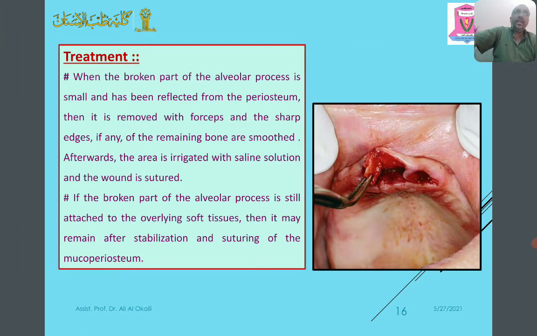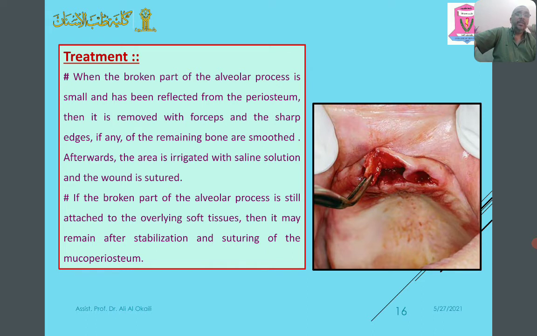إذا صار عندك قلع أو كسر or removal of part of the cortical plate شو تسوي؟ When the broken part of the alveolar process is small and has been reflected from the periosteum, then it is removed with the forceps and the sharp edges are smoothened with the file.